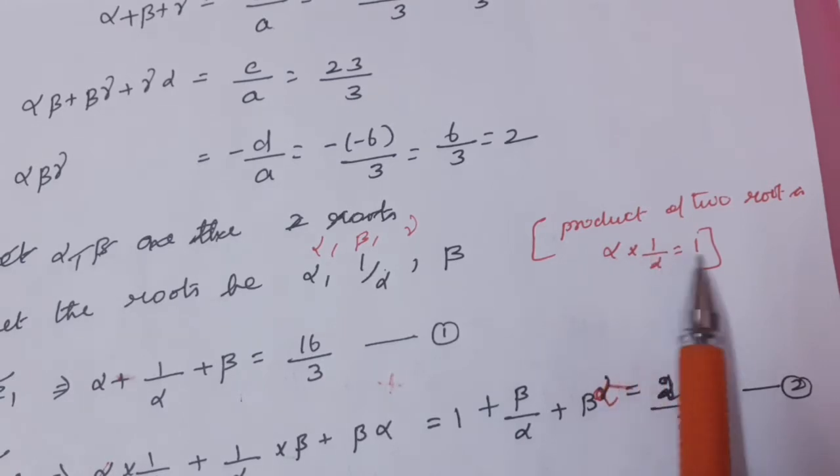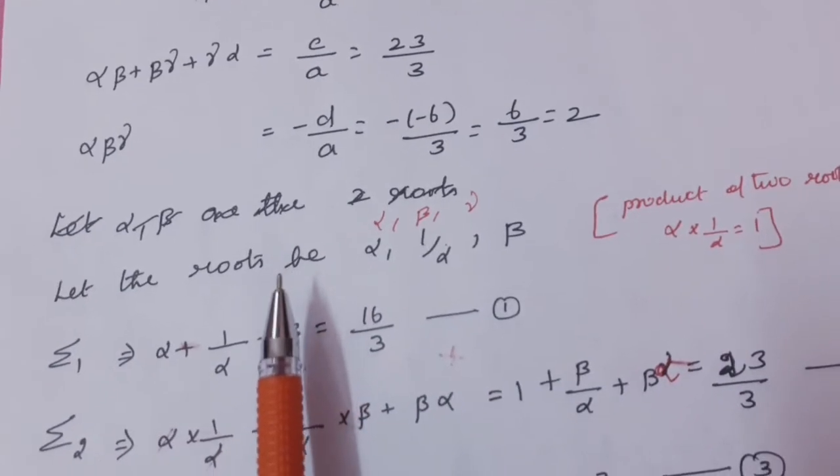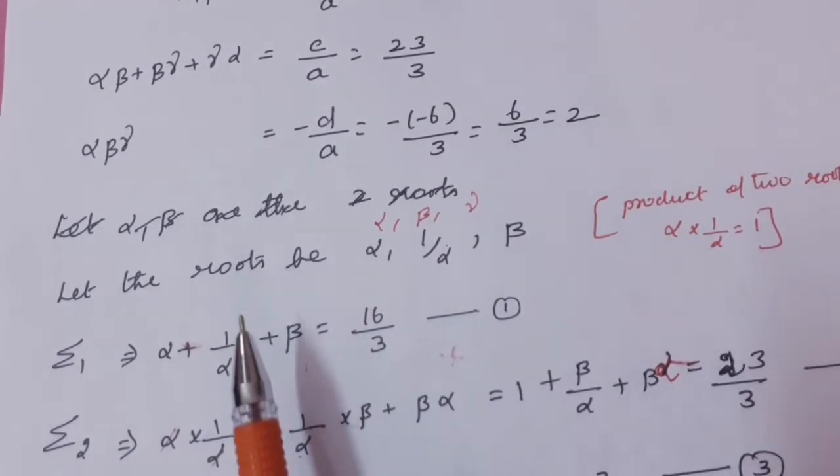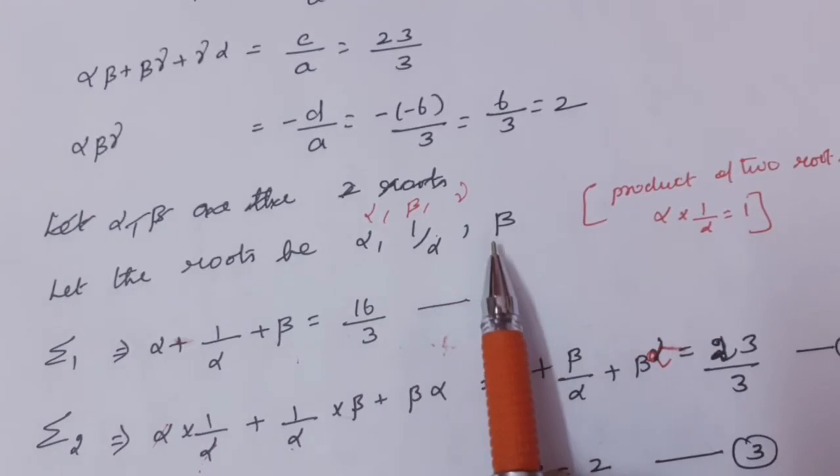Multiplication: alpha into 1 by alpha equal to 1. Therefore, because the question gives that the product of two roots is 1, let the roots be alpha, 1 by alpha, beta.